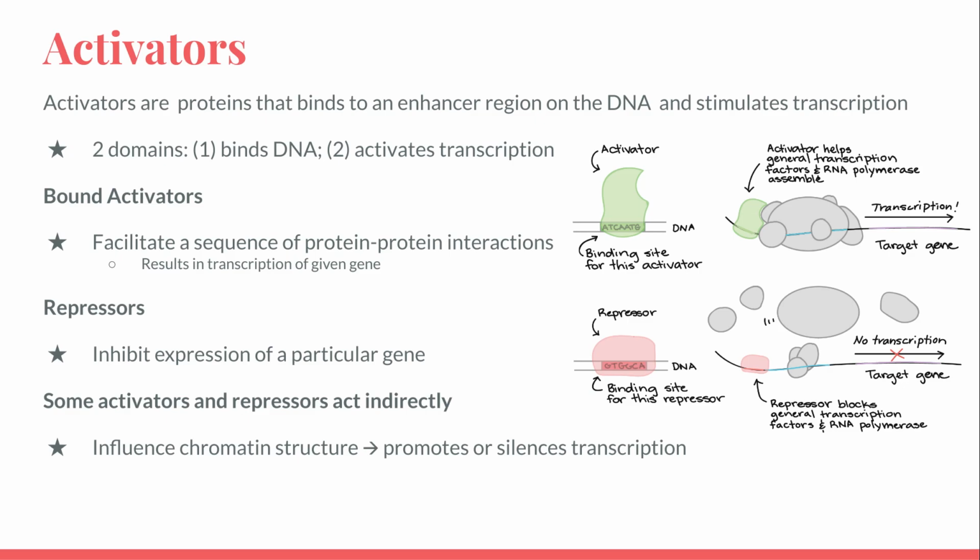We saw how transcription factors bind to promoters and recruit RNA polymerase to make messenger RNA. There are proteins called activators that bind to the enhancer region. Again, remember, enhancer regions are a cluster of distal elements that can influence transcription of a particular gene.